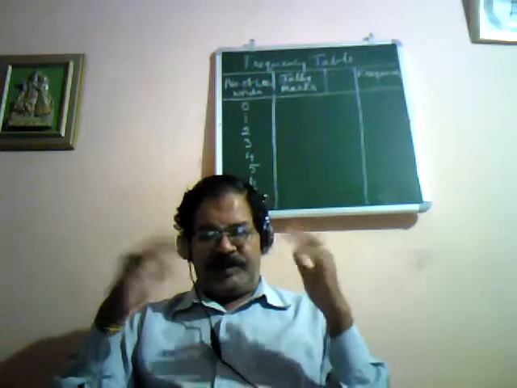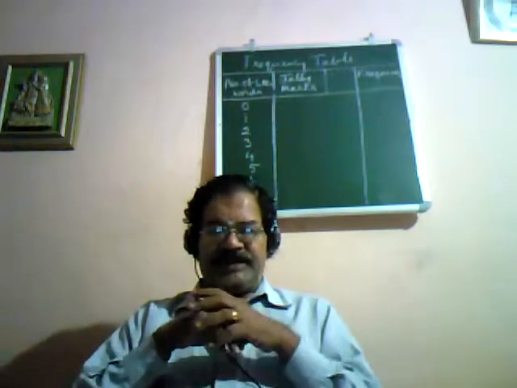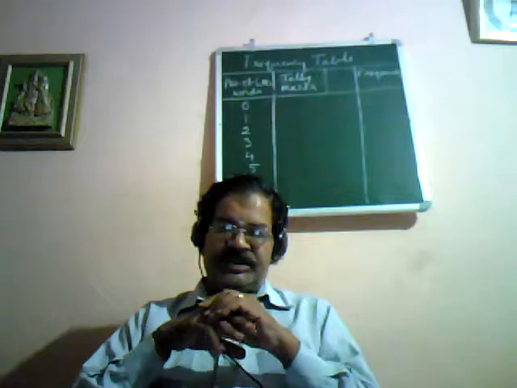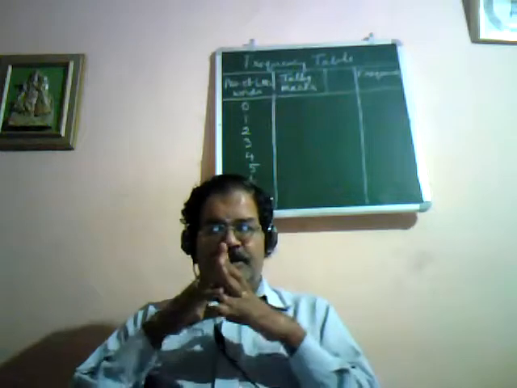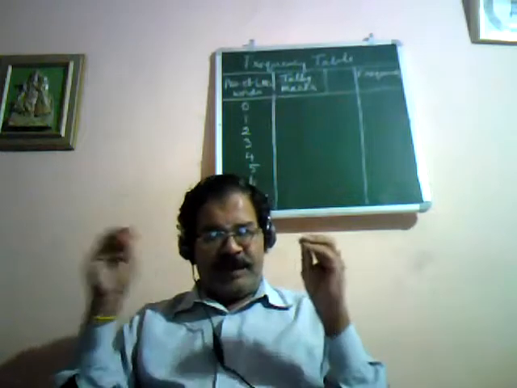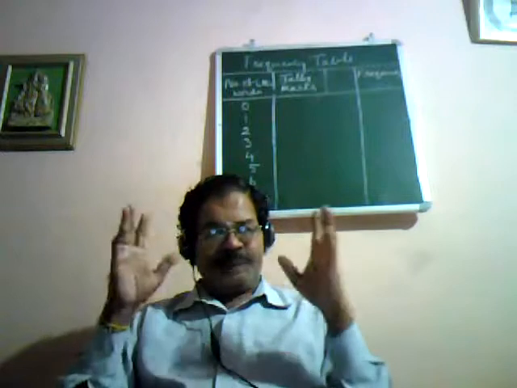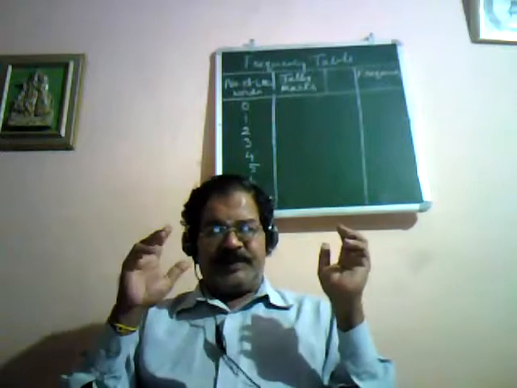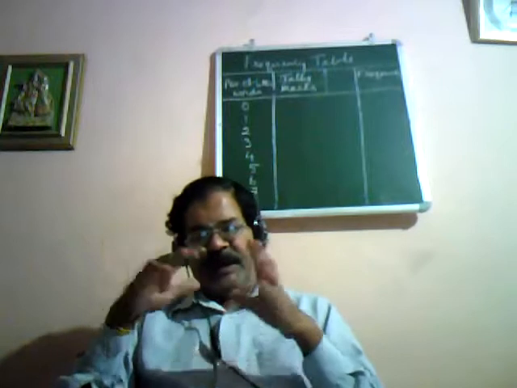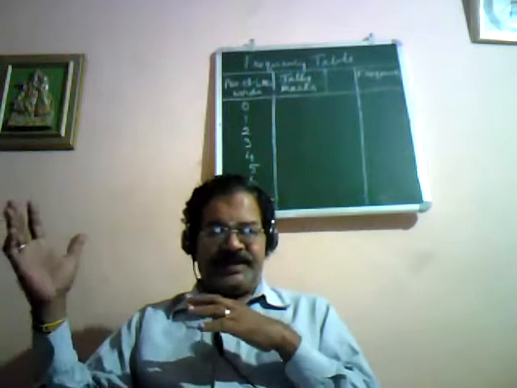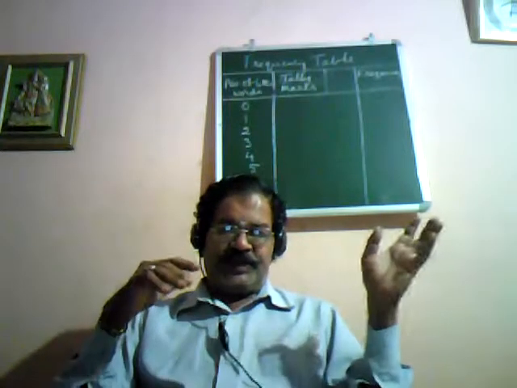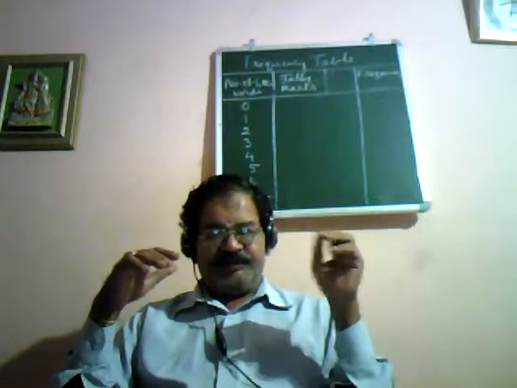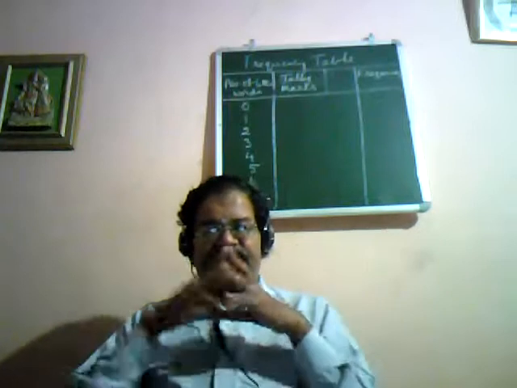In the same way, the income and expenditure account is completely a nominal account. Here, all the incomes we have to show on the right hand side, and all the expenses on the left hand side. Okay, expenditure, income, like that.